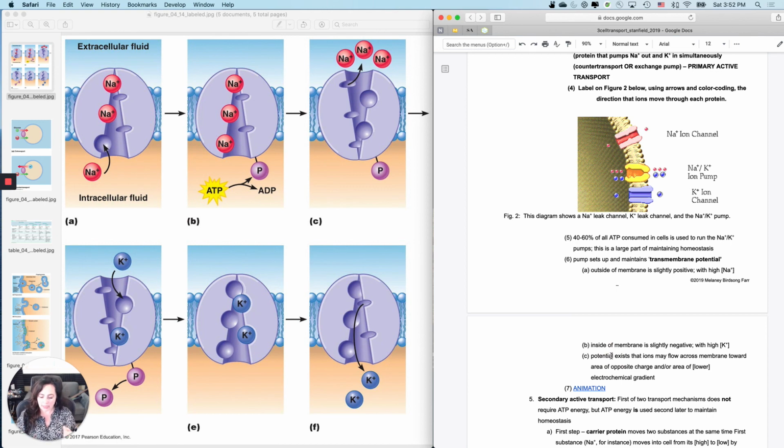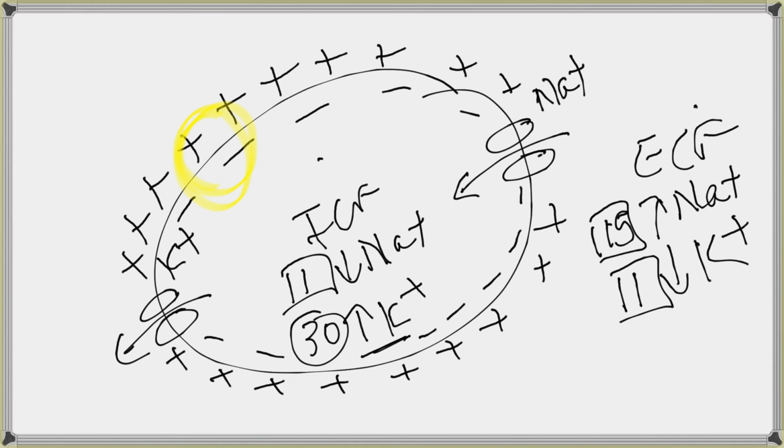And once we get to this point, let's say that not only is this homeostatic and this homeostatic, but now maintaining this difference of charge on the two sides, that's homeostatic as well.